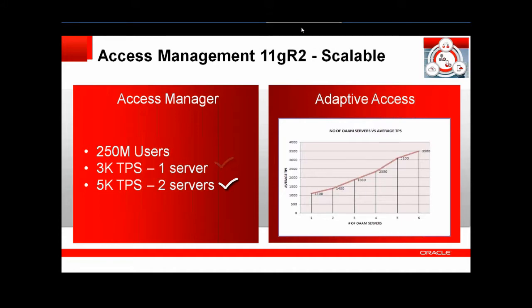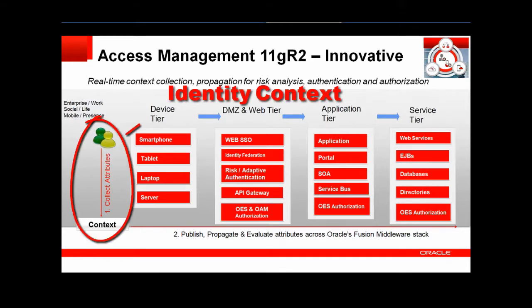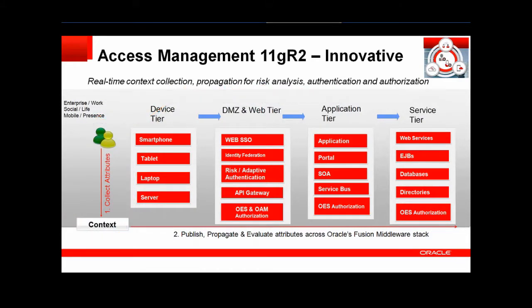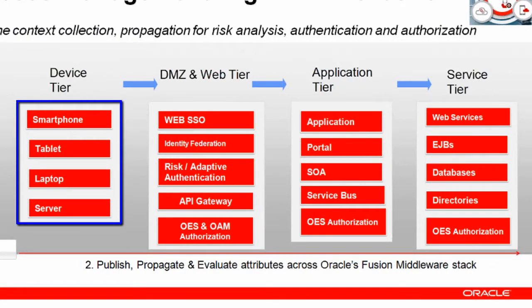So coming back to the innovative part of it, one of the things that we did is we introduced something called identity context. The goal here is to gather the context information as and when the user goes through different tiers. So, for example, when we come back to the mobile solution, when somebody is trying to access resources from mobile, we are going to gather the device characteristics.